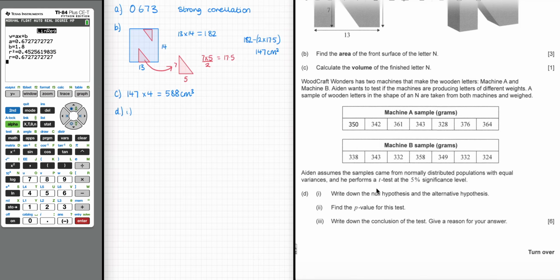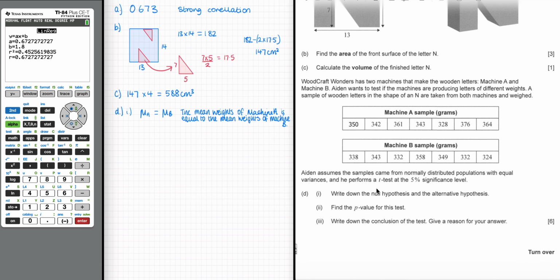So the null hypothesis is going to be that the mean from machine A is equal to the mean from machine B. You can also write that out in full, and say that the mean weights of machine A is equal to the mean weights of machine B. You can write it out either in words or in symbols.